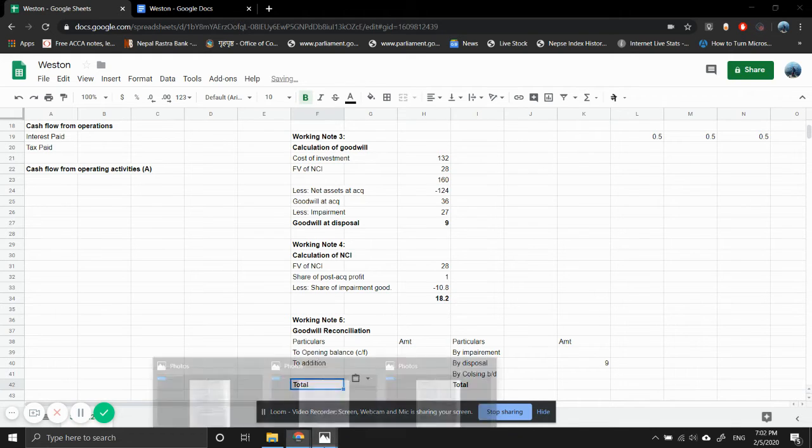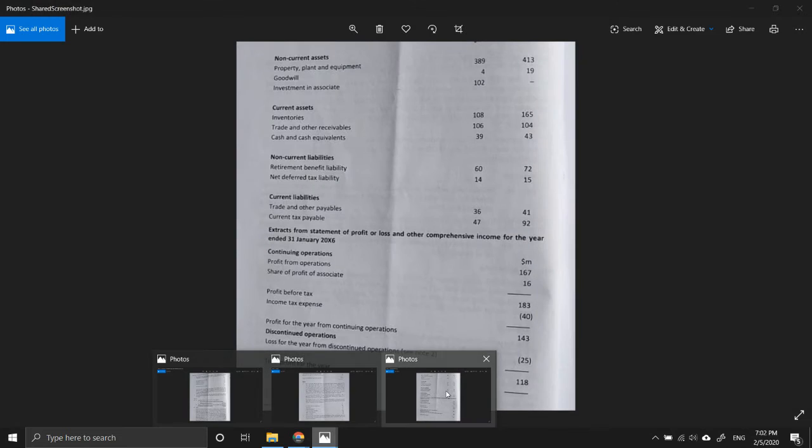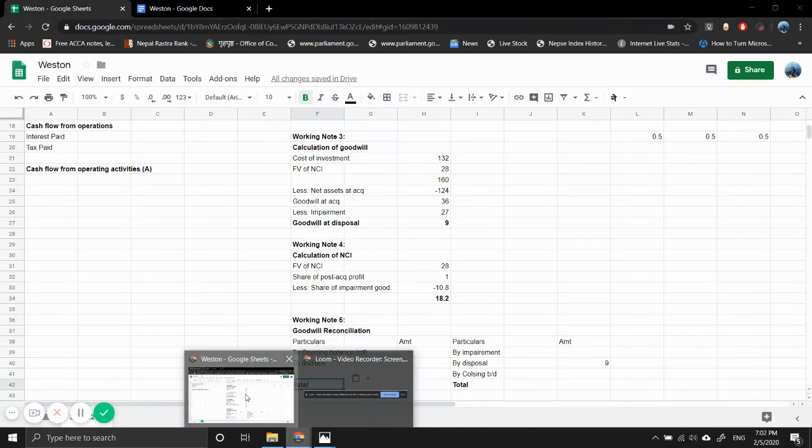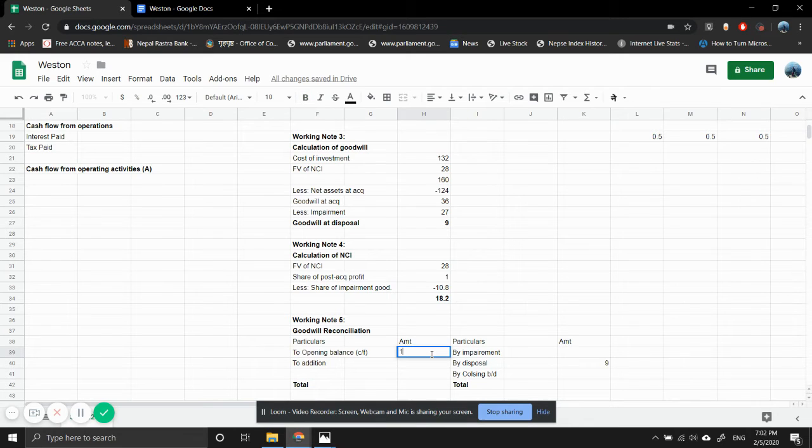Okay, so let's look at our balance sheet. So it is 19 and 4, right? So opening balance 19, and then that is 4, right? Has there been any addition? No. So the total is 19, right?